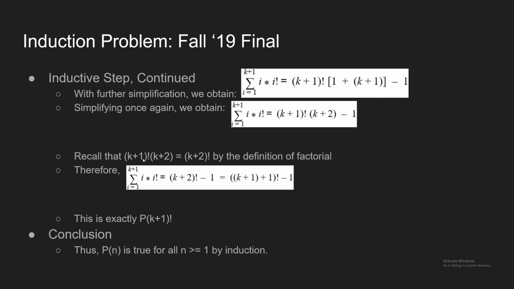And then recall that (k+1)! times (k+2) will be (k+2)! by the definition of factorial. So therefore, we have the sum from 1 to k+1 of i times i factorial is equal to (k+2)! minus 1, which is ((k+1)+1)! minus 1. And that is exactly P(k+1). So, in conclusion, P(n) is true for all n greater than or equal to 1 by induction.